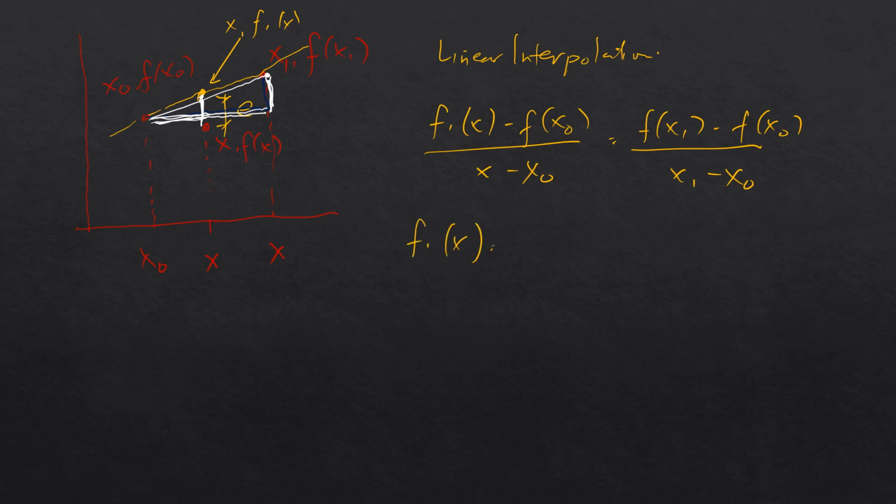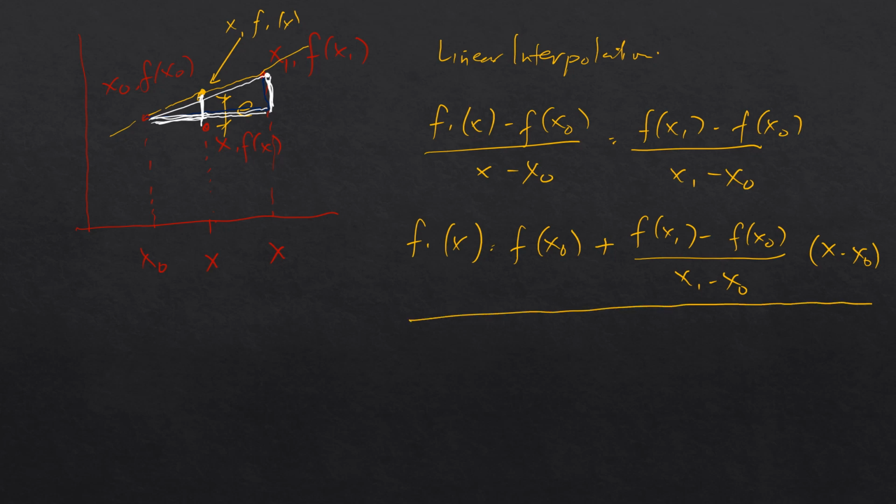That will be equal to, we cross multiply and then we transpose negative f of x0, so f of x0 plus f of x1 minus f of x0 all over x1 minus x0 times x minus x0. This is the linear interpolation formula.